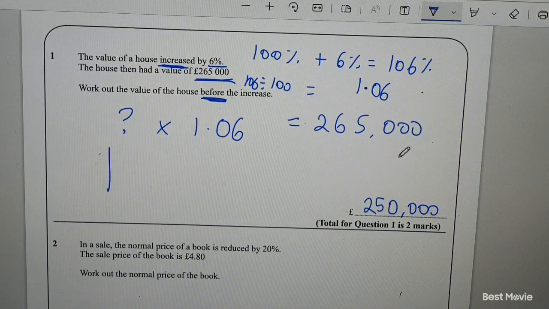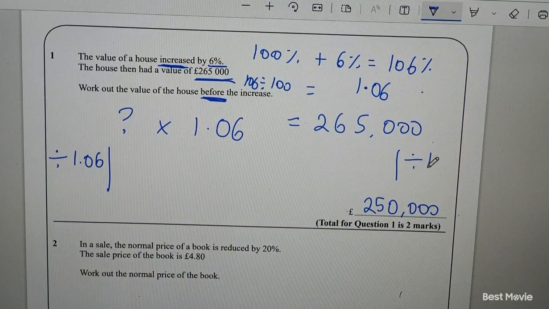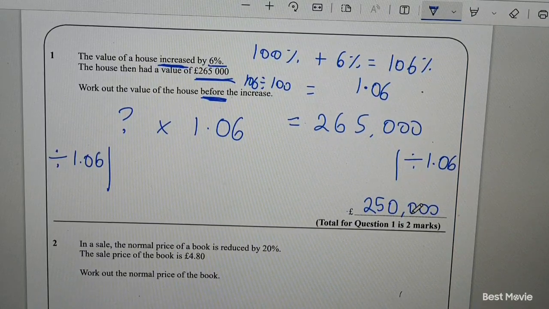So to find out what it is, I need to get rid of this times 1.06. So to do the inverse operation of multiplying by 1.06, you will need to divide by 1.06, which is what I did on the calculator. So 250,000 is what it was before the 6% increase.